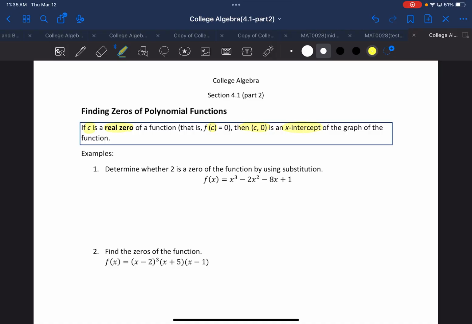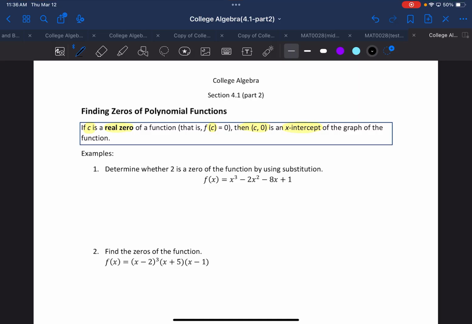We've talked about that many times. And we have learned that in order to find a 0, we set the equation equal to 0 and then solve for x. So that's how you find a 0, which is an x-intercept.